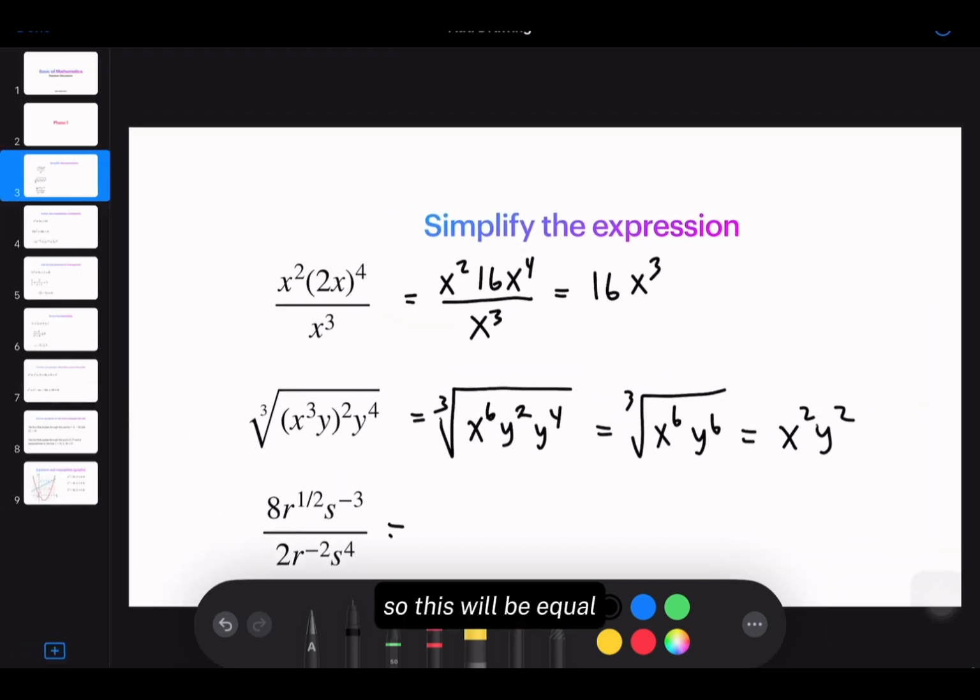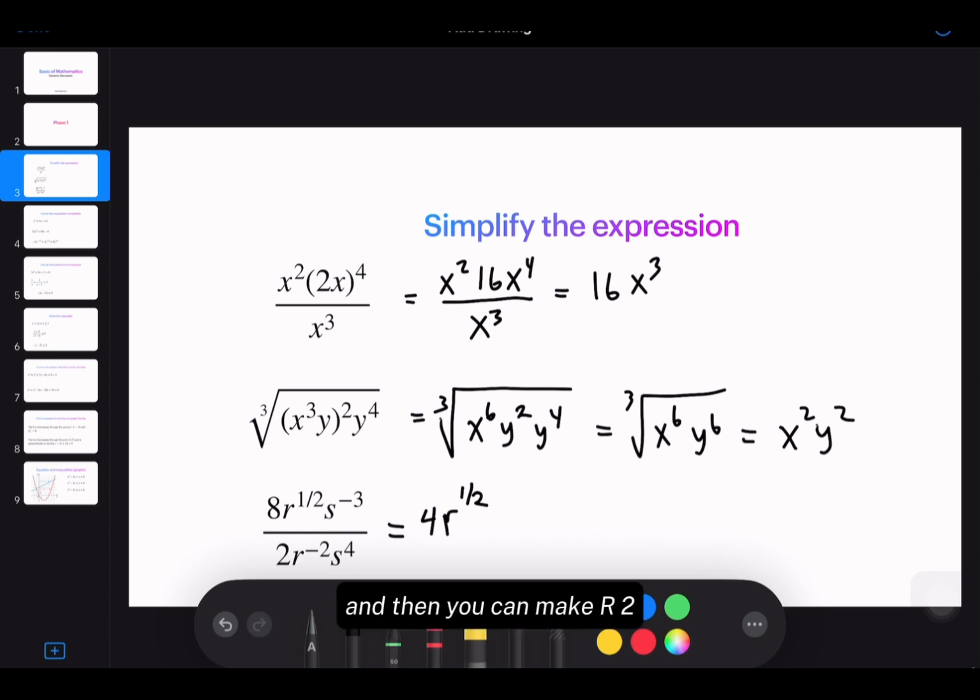So this will be equal, or let me just write, and let me make everything in the top one. So I will write 8r. Or you can start with taking 8 by 2, it's 4, right? R. And then you have half.